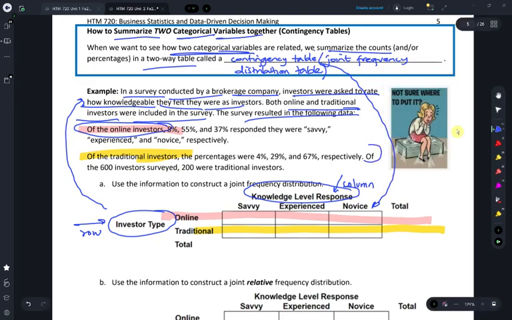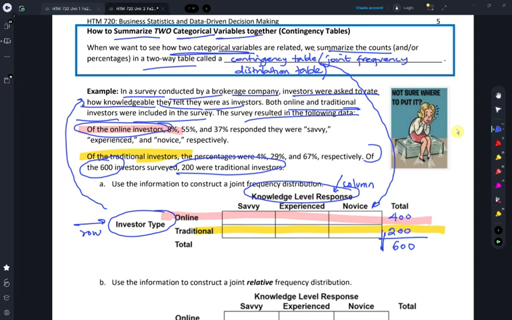Out of the total 600 investors who were surveyed, 200 were traditional investors, which means the total number of traditional investors was 200, leaving a total of 400 to be online investors.